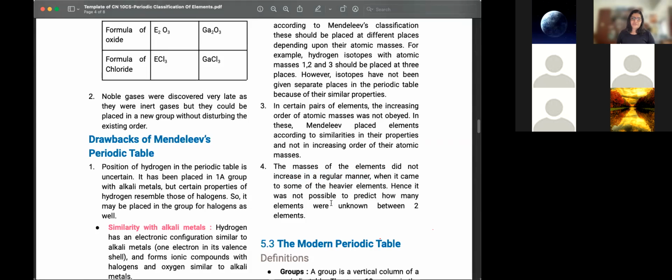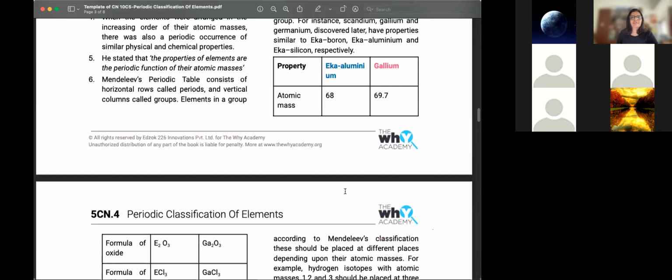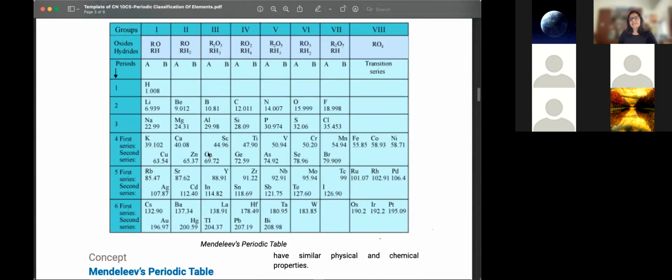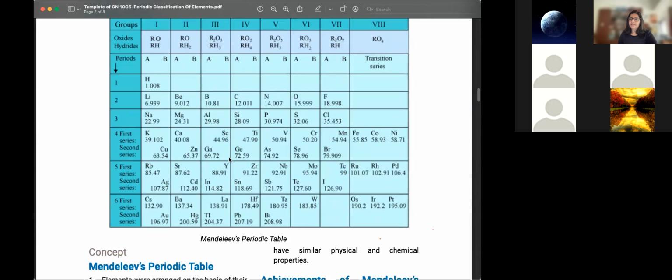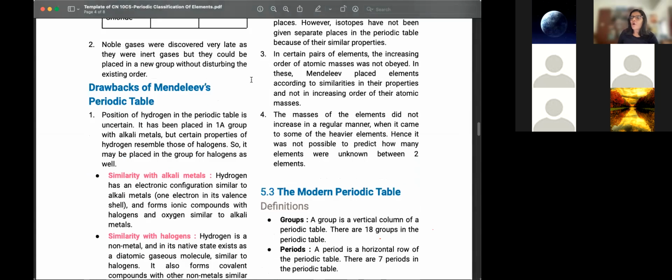So you couldn't exactly predict, okay, if there is a large amount of difference, is there one unknown element, like after zinc, gallium and germanium should come, or are there more than these two, how many unknown elements are there? That regularity was not there. All of these things, except for the position of hydrogen, were purely because of lack of knowledge during Mendeleev's time.